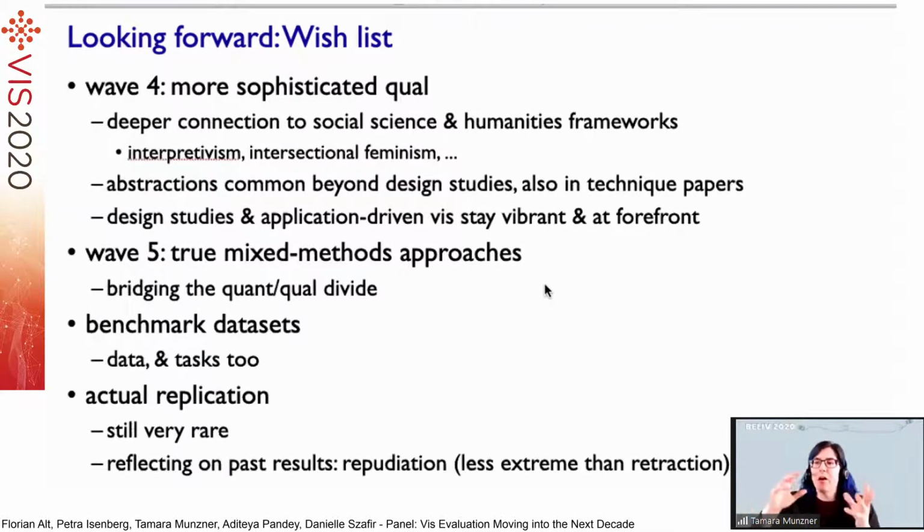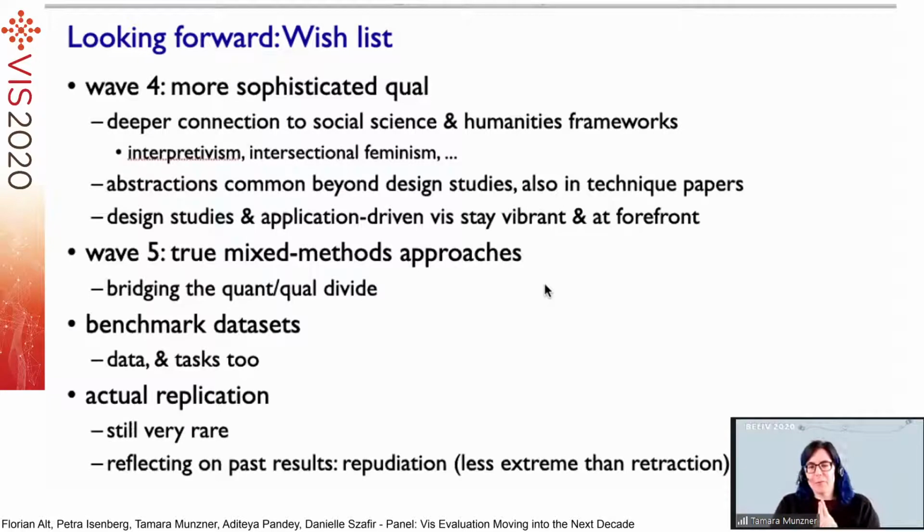There's a lot of calls for connecting with the outside world more, and Miriah and Jason's fantastic rigor and design study paper about these different paradigms. We're starting to see, and I hope we see more of it, abstraction not just as a design study thing. It's a way to frame technique papers, a way to build these meshes between. And I would love to see design studies and application-driven visualization more generally stay vibrant and very much at the forefront of what's happening in the field.